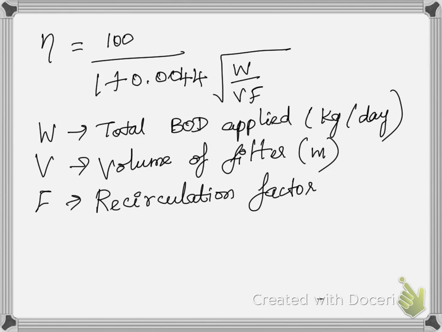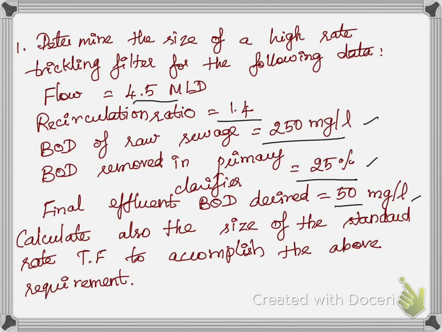But if you go back to the problem, they have given the value of the recirculation ratio, not the recirculation factor. So we have to determine our recirculation factor using the recirculation ratio.